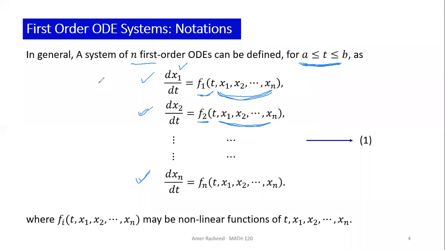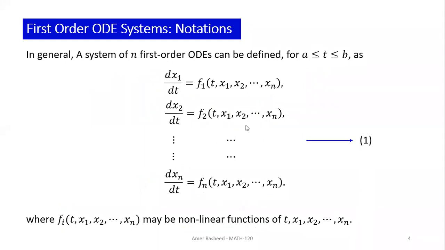Similarly, the nth differential equation, dxn by dt, may have a different function of x1 to xn. Here is an important thing: these right-hand side functions may be nonlinear functions, they may be linear functions, as we have seen in the previous examples.